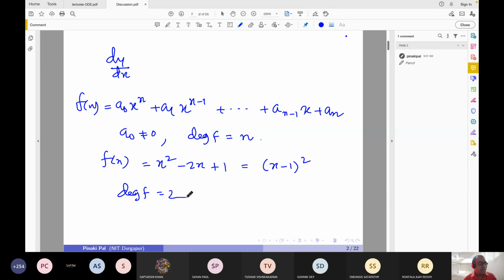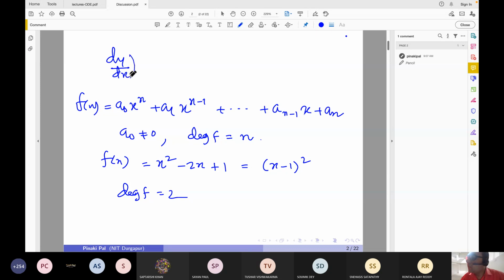Inverse, cos hyperbolic inverse, sine hyperbolic inverse, those operations are not allowed. Only if there is some power like m by n, then you are allowed to rationalize it. That operation is allowed to define the degree.